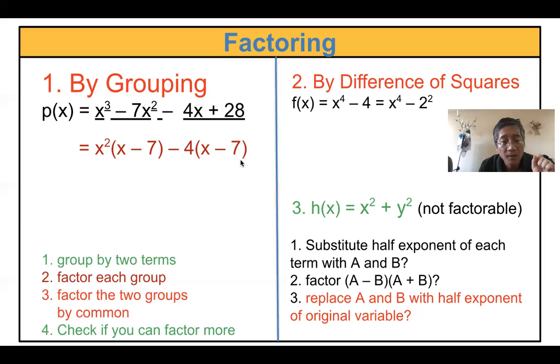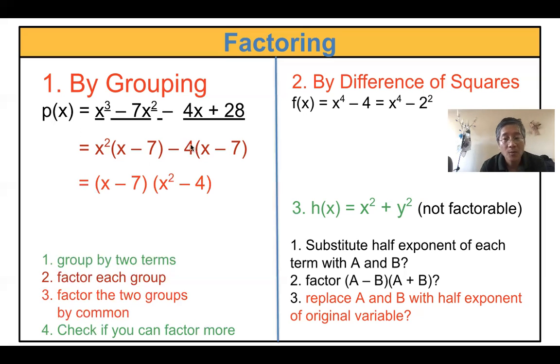If you factor these two groups, now you see in these two groups there's one more common factor, right? What is the common? x minus 7, x minus 7. Then you take this common factor out again, and the rest you write down in the other factor. So like this, x minus 7 is a factor, and in the other factor you put this x squared and minus 4. All right?